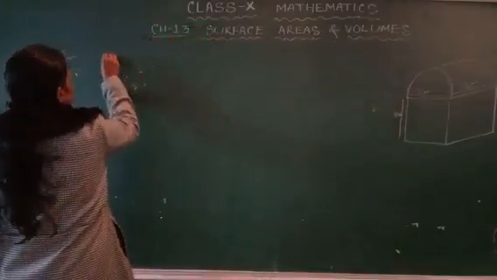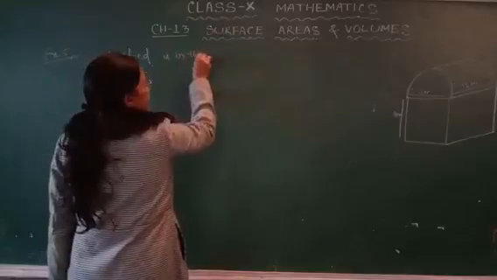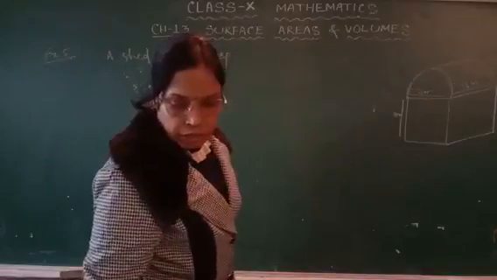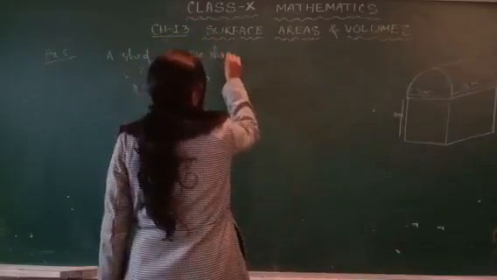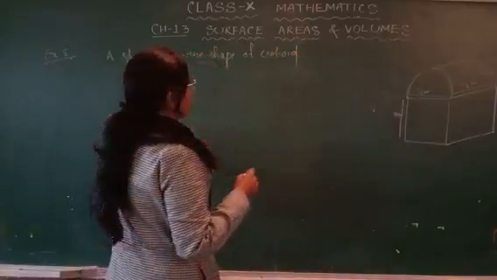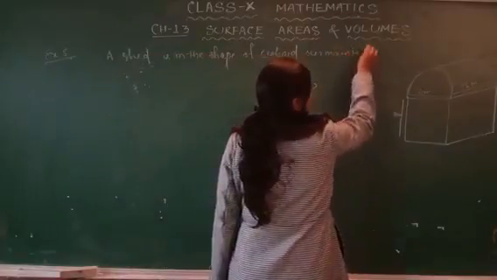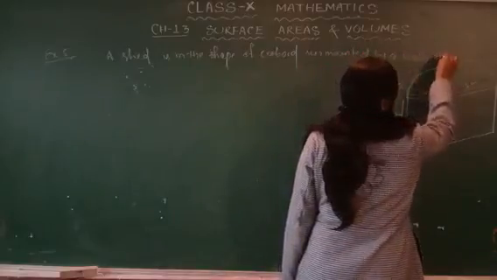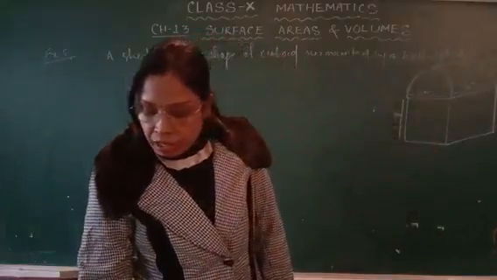So here you write: the shed is in the shape of a cuboid surmounted by a half cylinder.